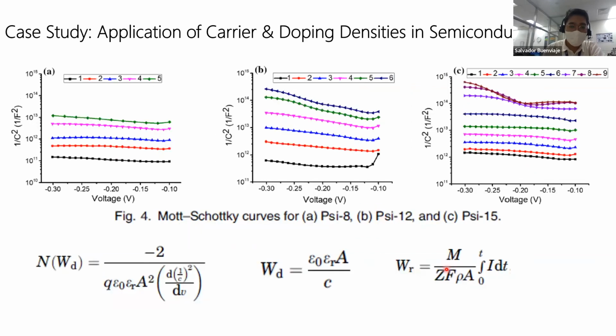By the way, for 15%, you can see here that there is a discontinuity, meaning the spatial resolution here, or the Debye length, was already affected by the increase in doping concentration.